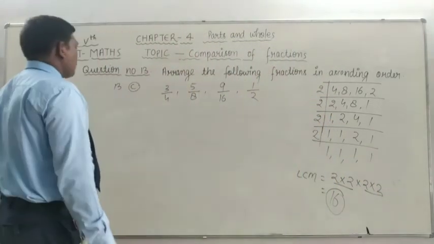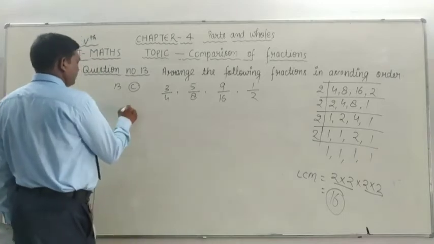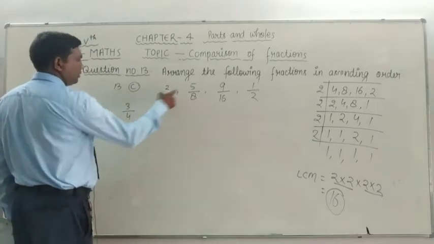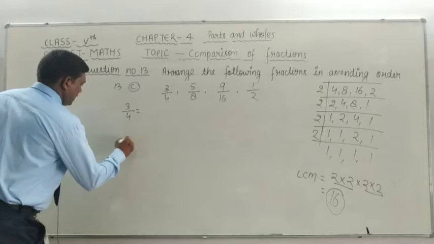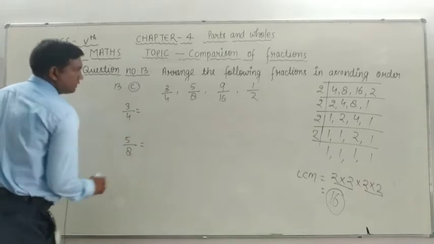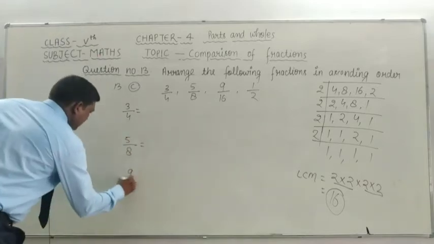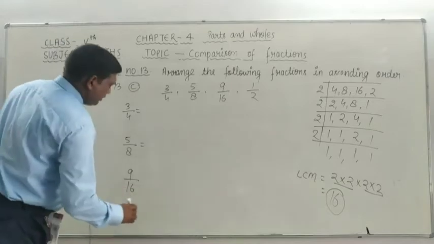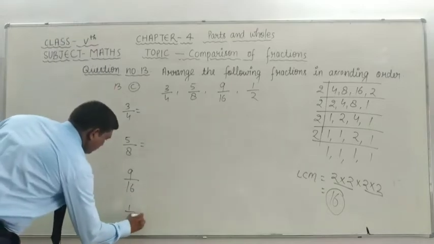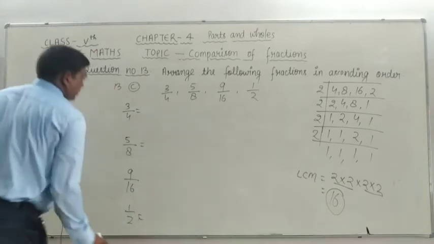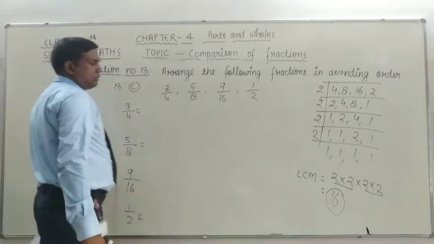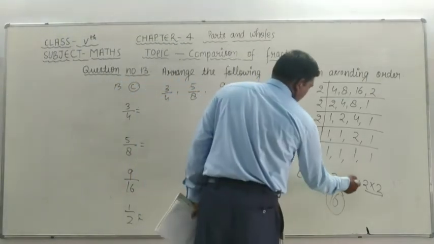Okay, look, here given 3 over 4, 5 over 8, 9 over 16 and 1 over 2. Look here, given 4, it means that 4 times 4 is 16.